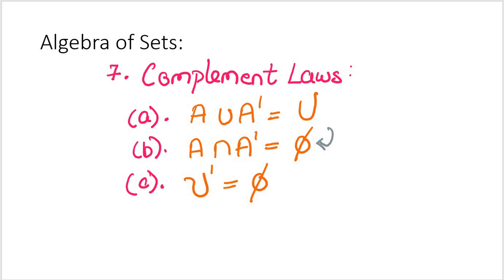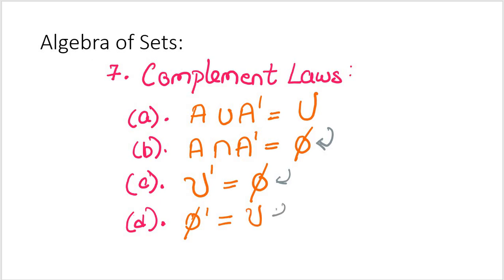And the last one in this section of complement laws is obviously the reverse of it. You might have got some idea by this time, that if I am going to get the complement of the null set, obviously I am going to get the universal set.